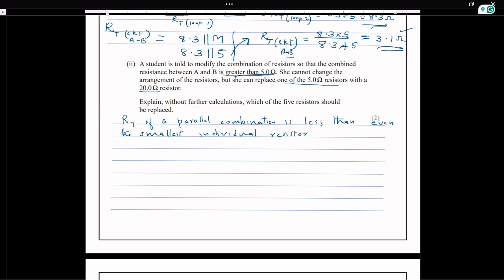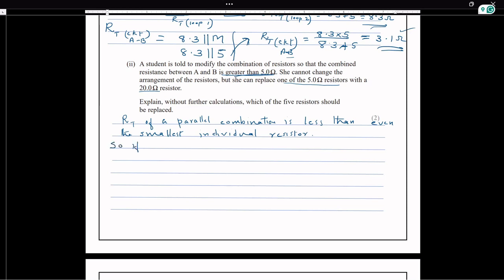Total resistance of a parallel combination is smaller than the smallest individual resistor. So if we replace any resistor in loop 1 or loop 2, the total resistance will decrease further.